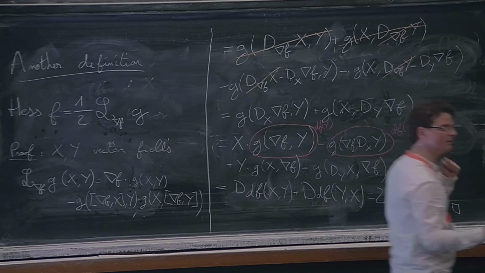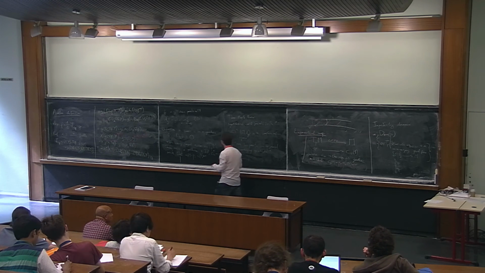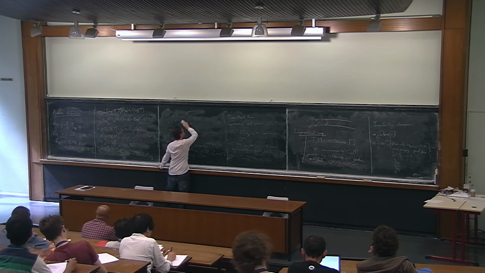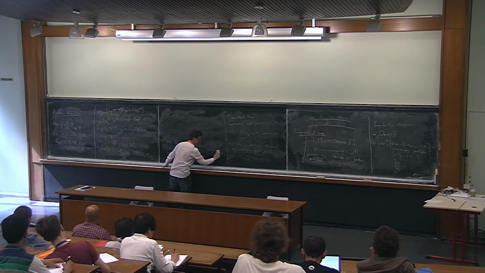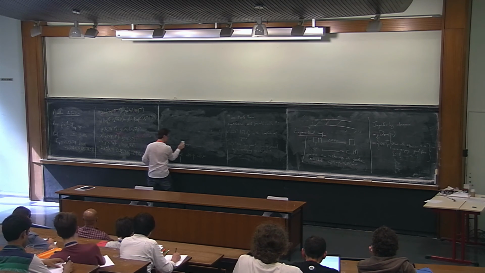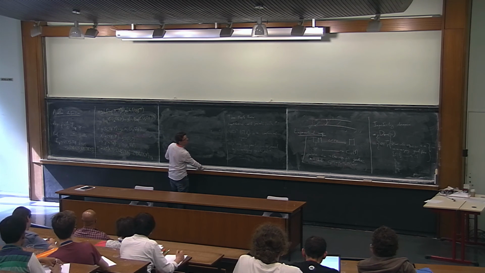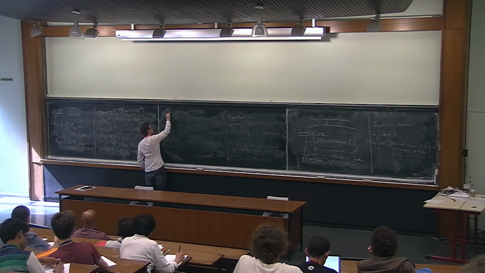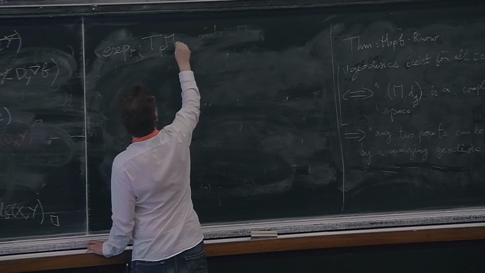So let's look at what that gives us in a normal chart through the exponential map. So recall that I work once again with an exponential chart.